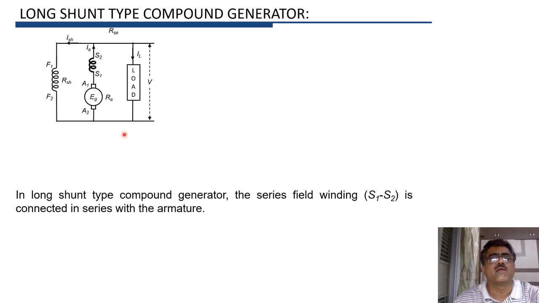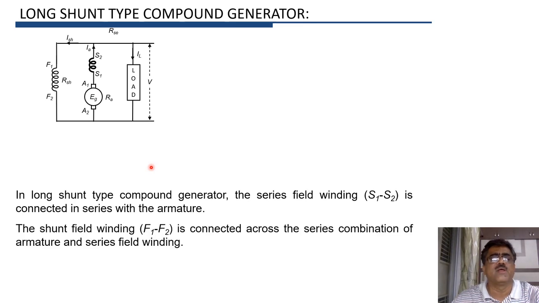So here series field winding S1, S2 is first connected in series with armature, and the shunt field winding F1, F2 is connected across the series combination. So as the field winding is connected across both armature and series field, it is called long shunt type compound generator.